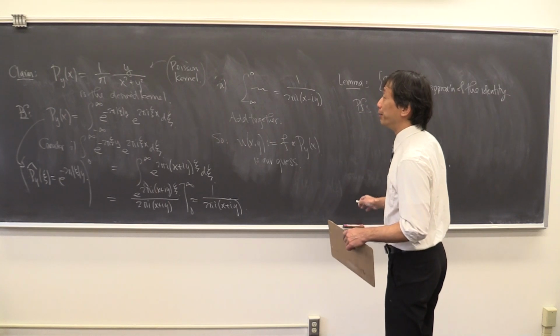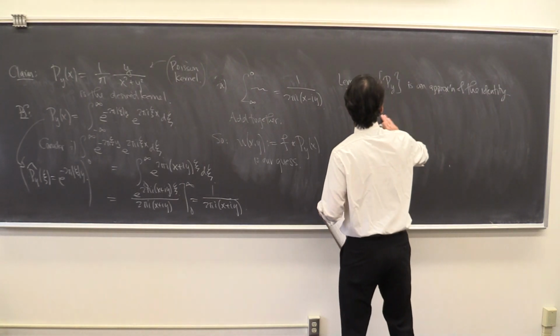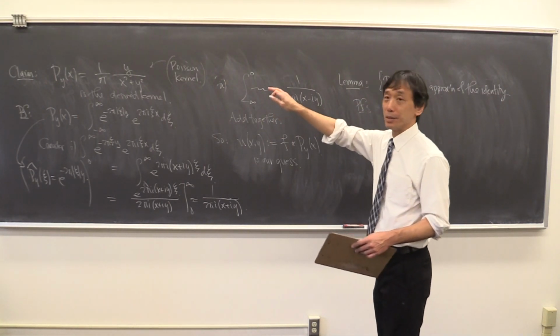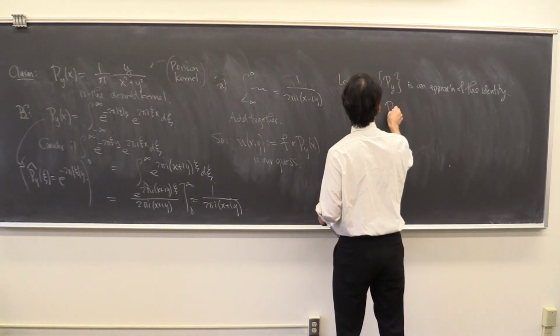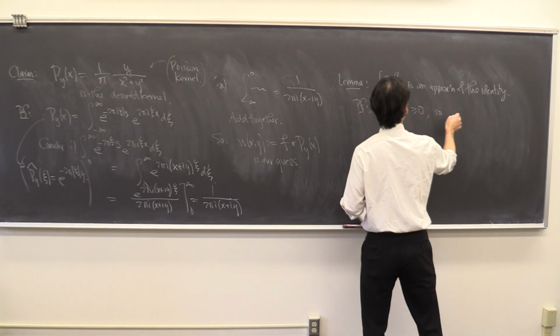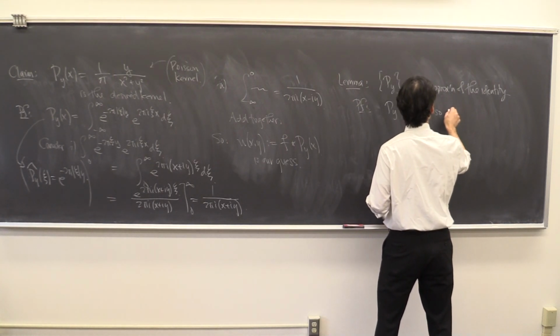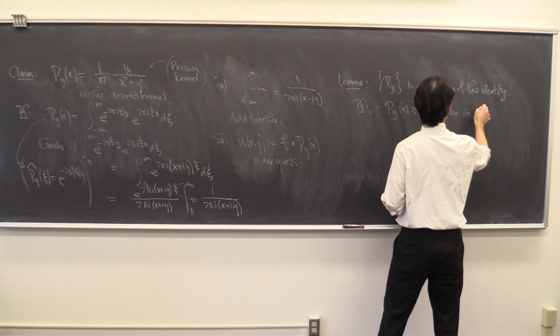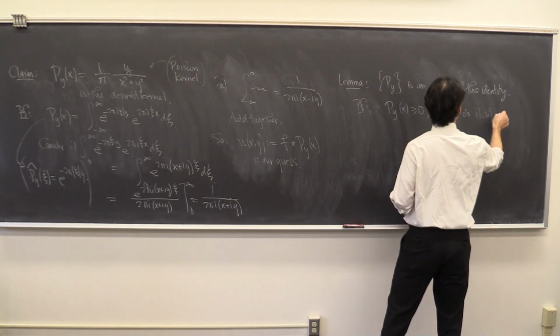Okay. So 1 and 2 you can do simultaneously, right? Because P sub y is positive, you can do 1 and 2 simultaneously.